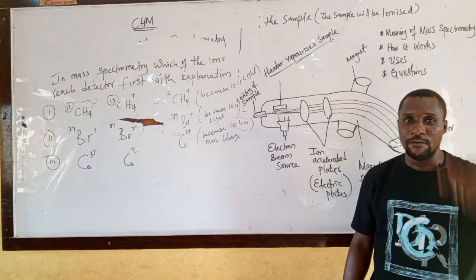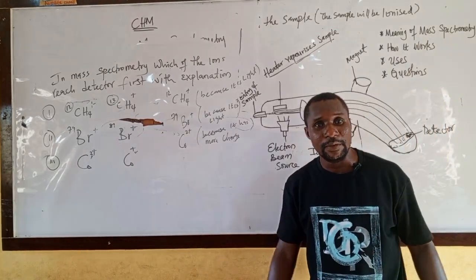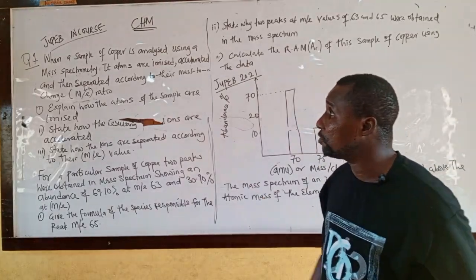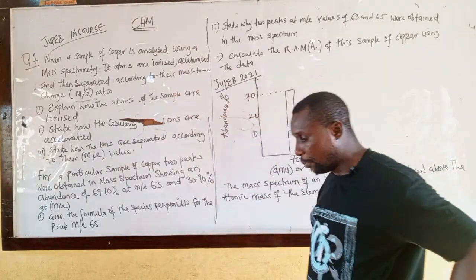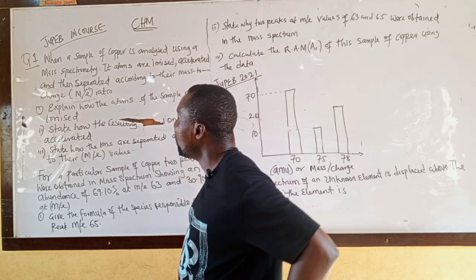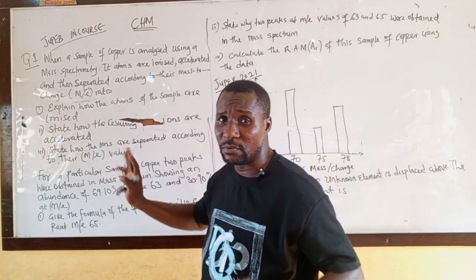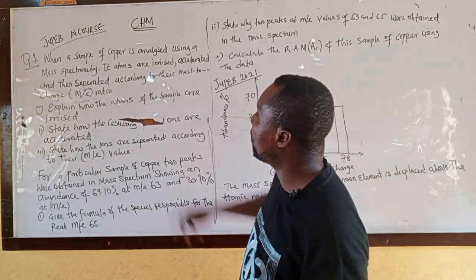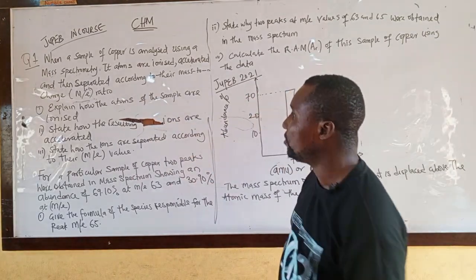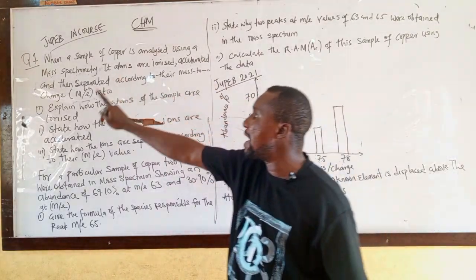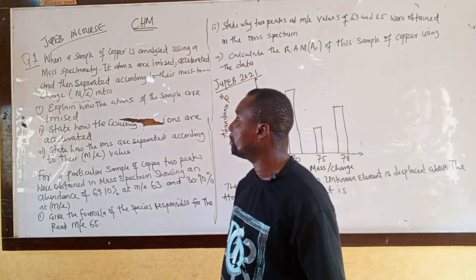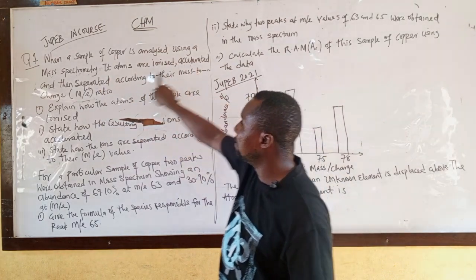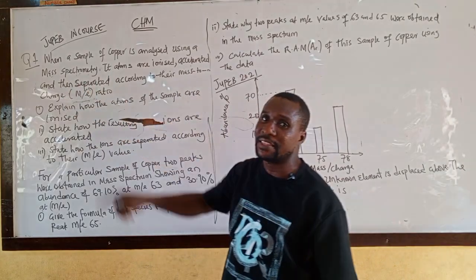Let's look at this question from JUPEB. When a sample of copper is analyzed using a mass spectrometer, its atoms are ionized, accelerated, and then separated.